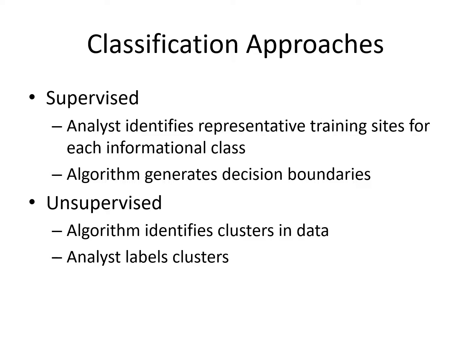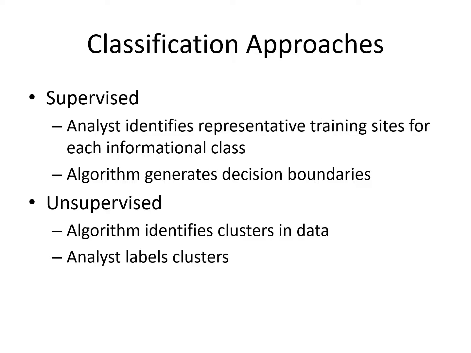Now, unsupervised classification is eerily similar, but its order is slightly different. The same kind of algorithms that generate decision boundaries look at the data itself and work through it to insert decision boundaries based on how the data clusters up.